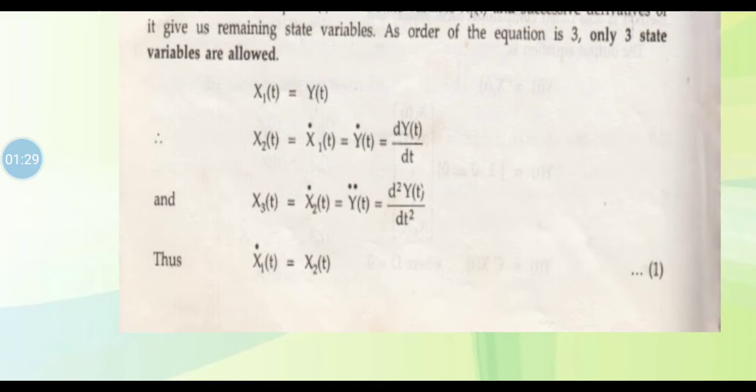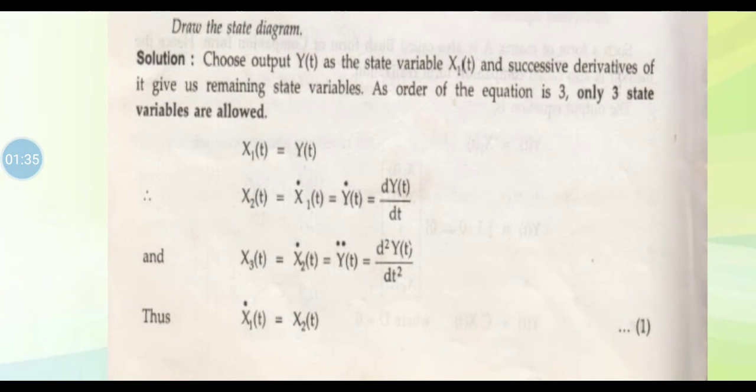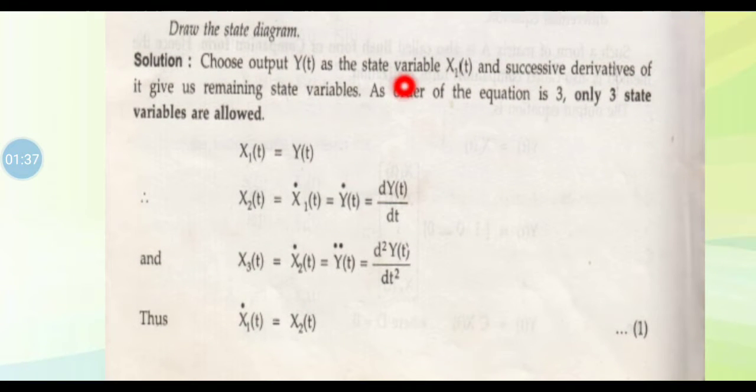So x1(t) is y(t), x2(t) is x1 dot(t), which is y dot(t), which we can write as dy(t)/dt. x3(t) is x2 dot(t), which is y double dot(t), which is d²y(t)/dt².